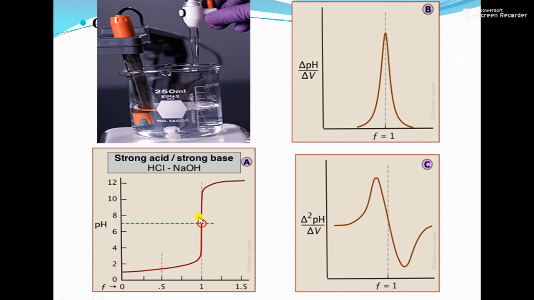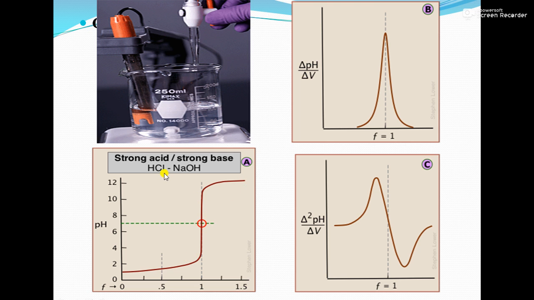That's why the pH sharply increases up to 12. So before the equivalence point the solution contained HCl, and after the equivalence point the solution contains excess NaOH. That's why this curve is obtained, which is called an S-shaped curve.